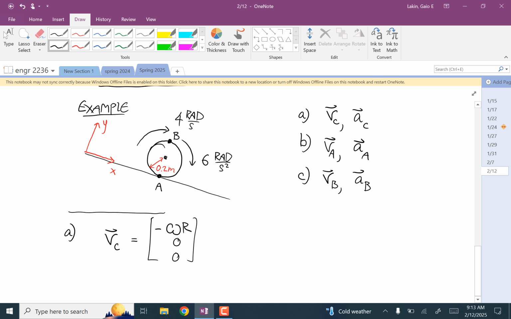Given the direction of the angular velocity, is omega positive or negative? Positive. Well, that's a clockwise rotation, and so omega is negative. And then you put it in there, and so we have negative of negative 4.